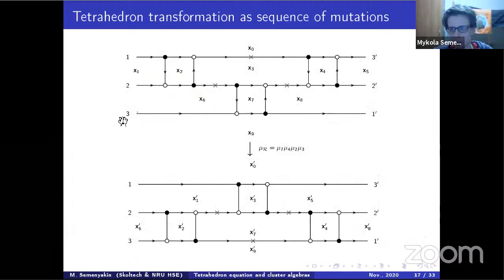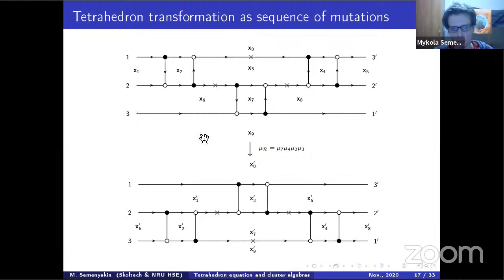And the second main statement of the previous talk was that we can perform this tetrahedron transformation. Here we have a product of Lax operators in one order, and here we have a product of Lax operators in another order.